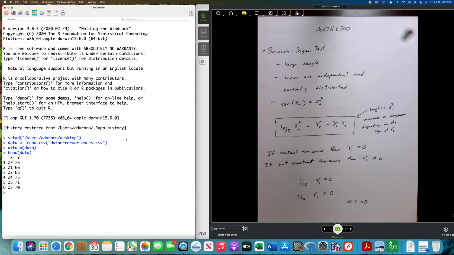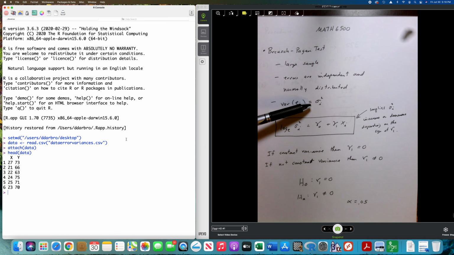But anyway, the assumptions of the test are something we should know: large sample, errors need to be independent, normally distributed. And we switch gears a little bit here and examine the variance at each level of x, and not necessarily the variance of all the errors. So we denote that with the variance of i.